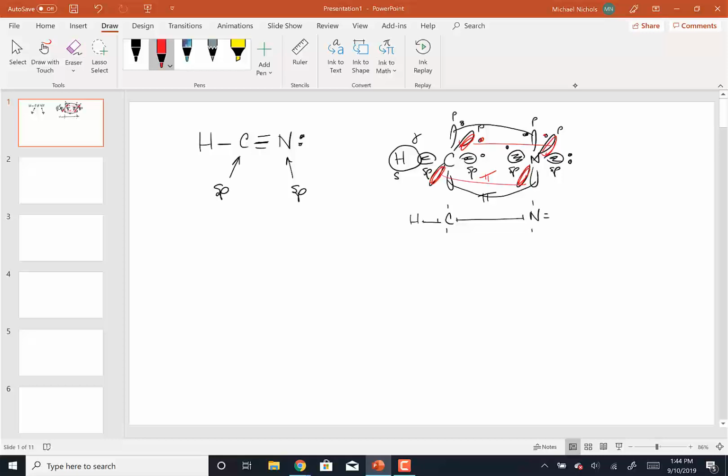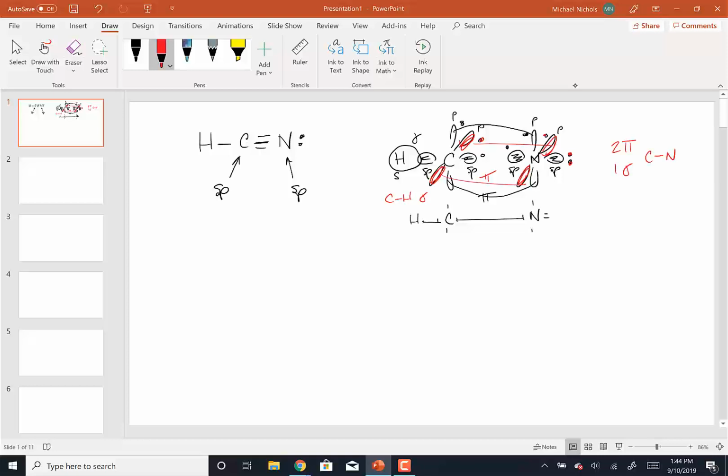So then that's how the orbital picture for HCN would be. You would have two pi bonds and one sigma bond between the carbon and the nitrogen. You would have the lone pair on the outside, and then you would have a carbon-hydrogen sigma bond over on the left-hand side.